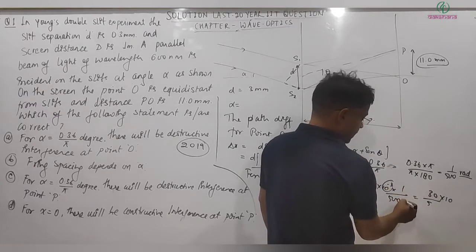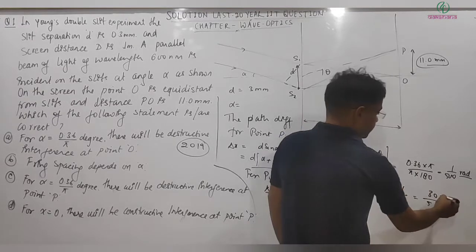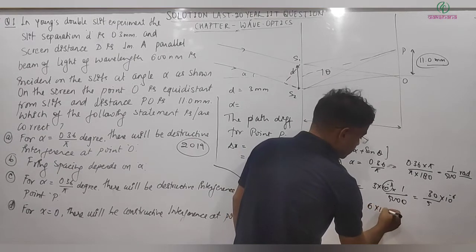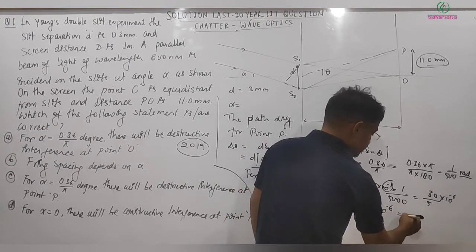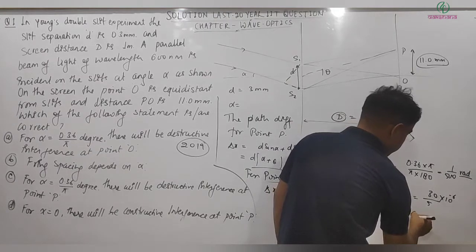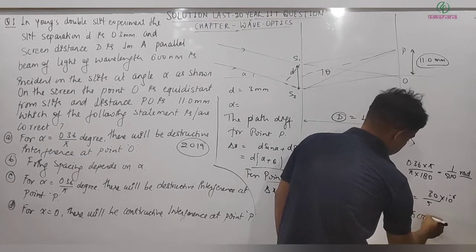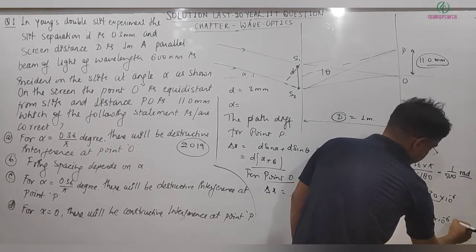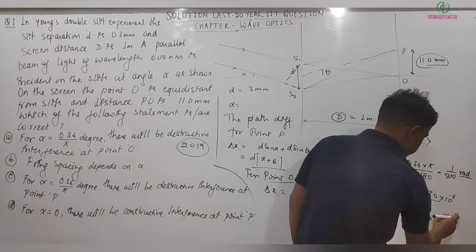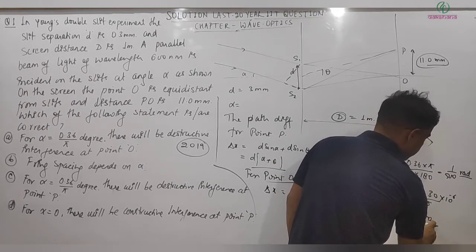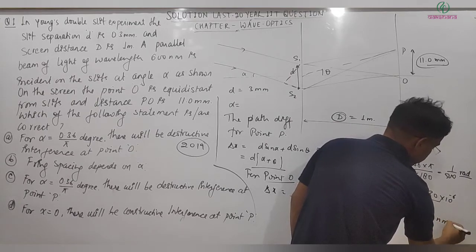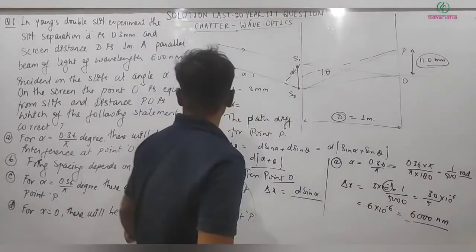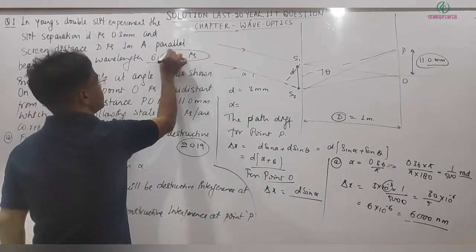This is 3 and it's like minus 6, and it comes out to basically 6 into 10 raised to power minus 6, or it can be written as 6000 into 10 raised to power minus 6. You can write it as nanometer, 6000 nanometer. So you can see actually here 6000, and what is the wavelength? Lambda is equal to 600 nanometer.